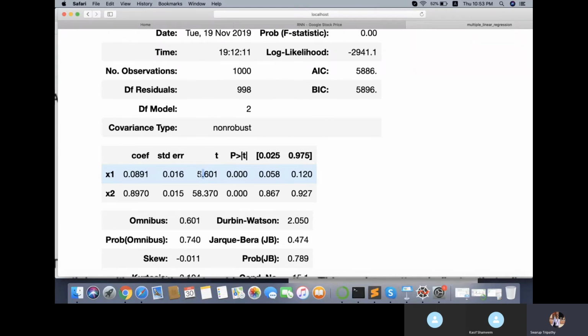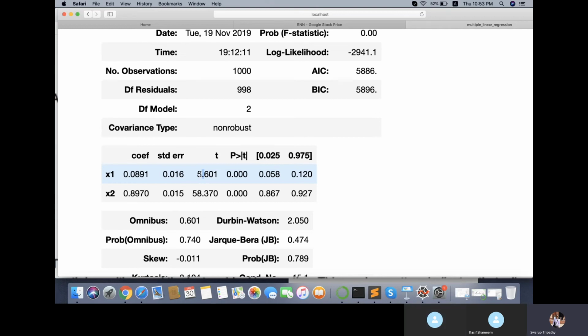If we get a p-value less than 0.05, we will say they are good contributors. I am saying 0.05 because the significance value we are setting is 0.05 by default. So if your p-value is less than 0.05, then those features are good features which are giving good evidence towards your dependent variable.